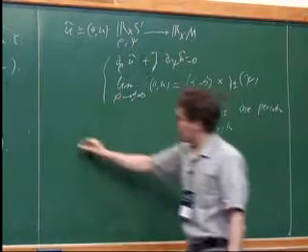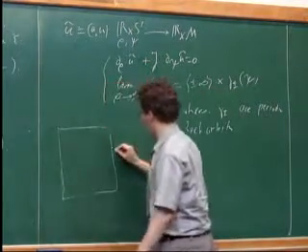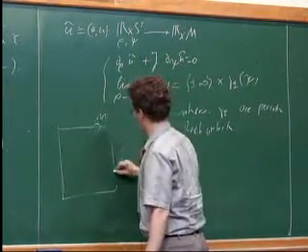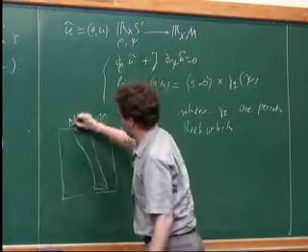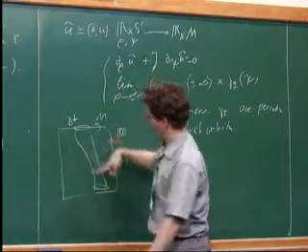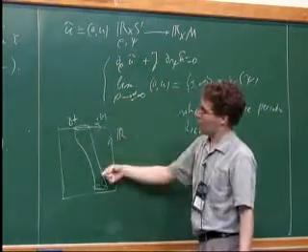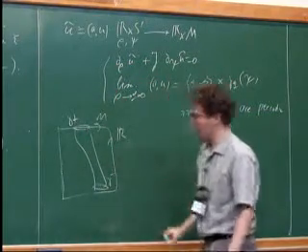Okay, so the picture that you have is, of course, that this is M, this is the R direction, and I'm now looking at holomorphic curves going from one Reeb orbit to another Reeb orbit.